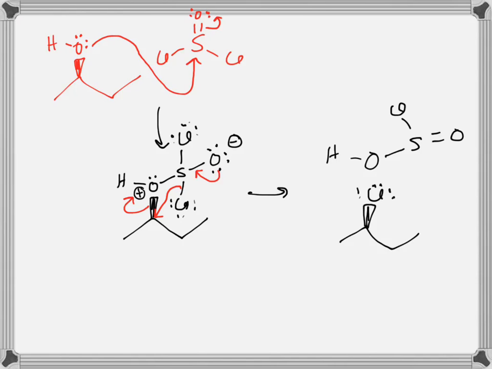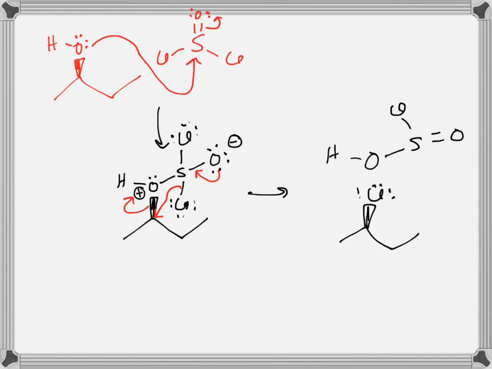Okay. If we take a look at our sulfur, it looks like a 5-year-old drew that. Some very talented 5-year-olds apparently, clearly, right? The sulfur is still very, very positive because it has 2 electronegative elements attached to it in the oxygens, and it still has that chloride attached to it.